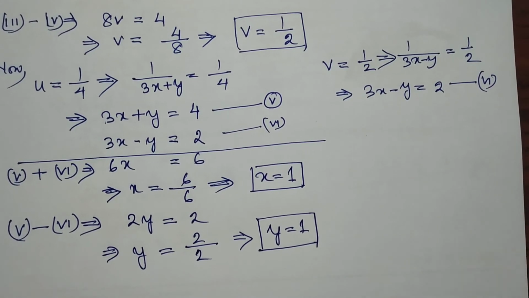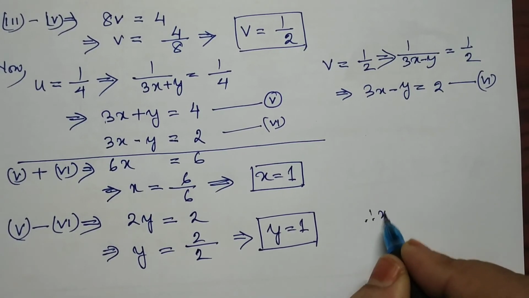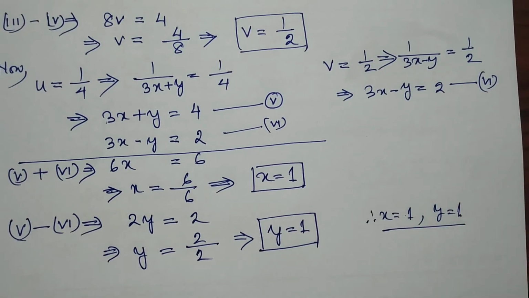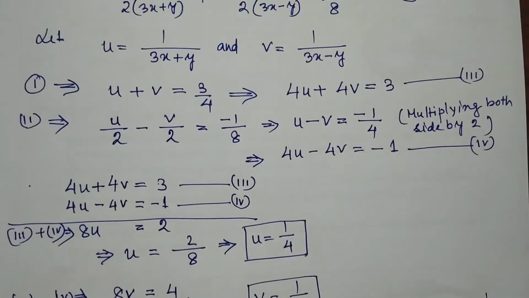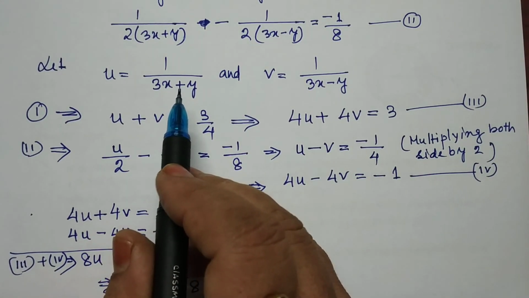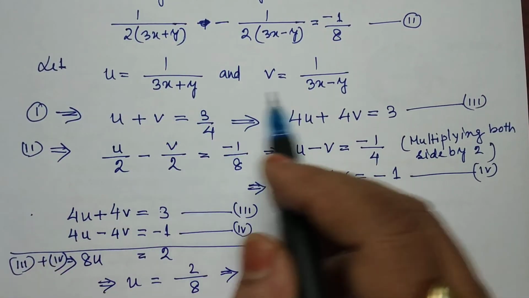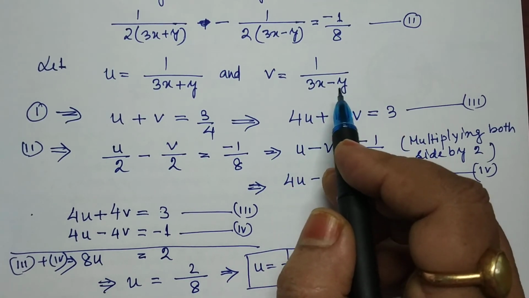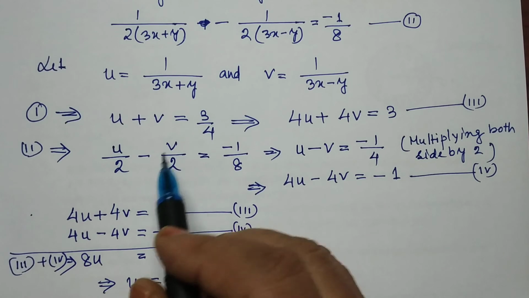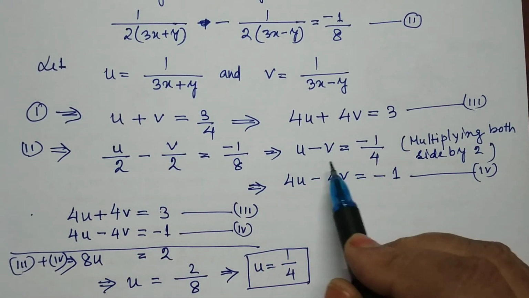So x is equal to 1 and y equal to 1. This is the answer. First we substitute u equal to 1 by (3x plus y) and v equal to 1 by (3x minus y). After that we get equations 3 and 4, these two equations.